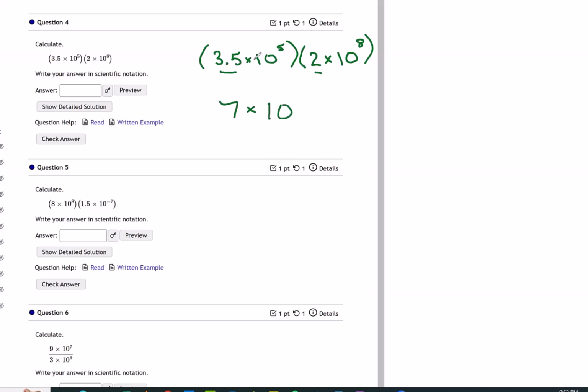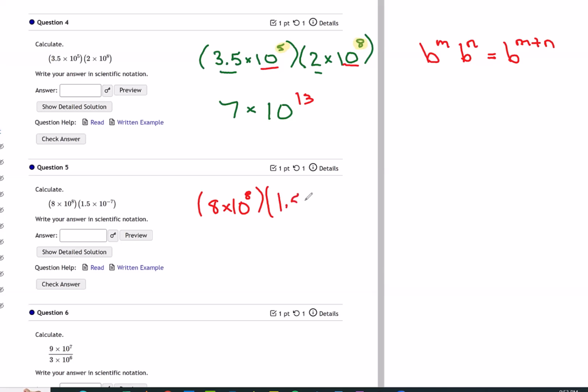And remember, if you have a base to a power times a base to a different power, the rule was b to the m times b to the n equals b to the m plus n, which is what we have. The bases are the same for 10, and then we just add the exponents, which makes 7 times 10 to the 13th power.